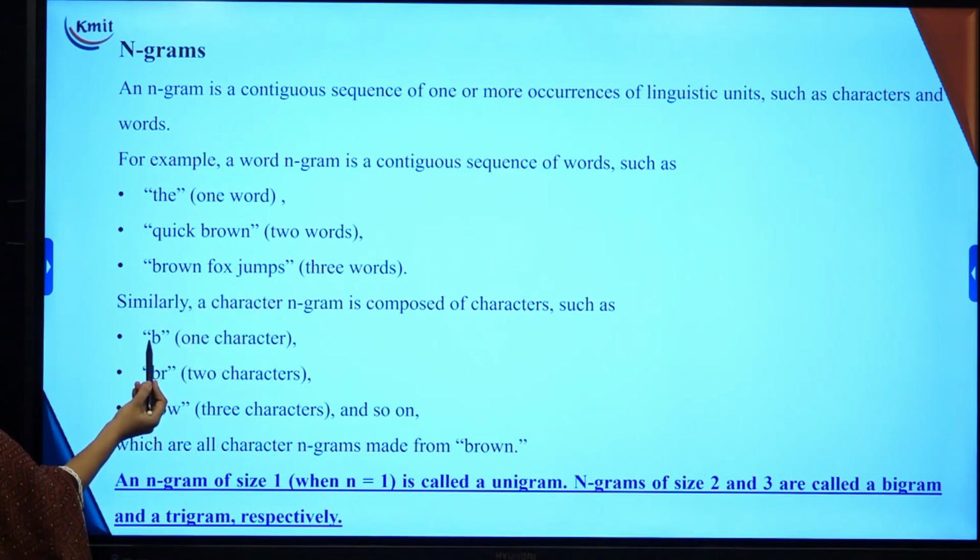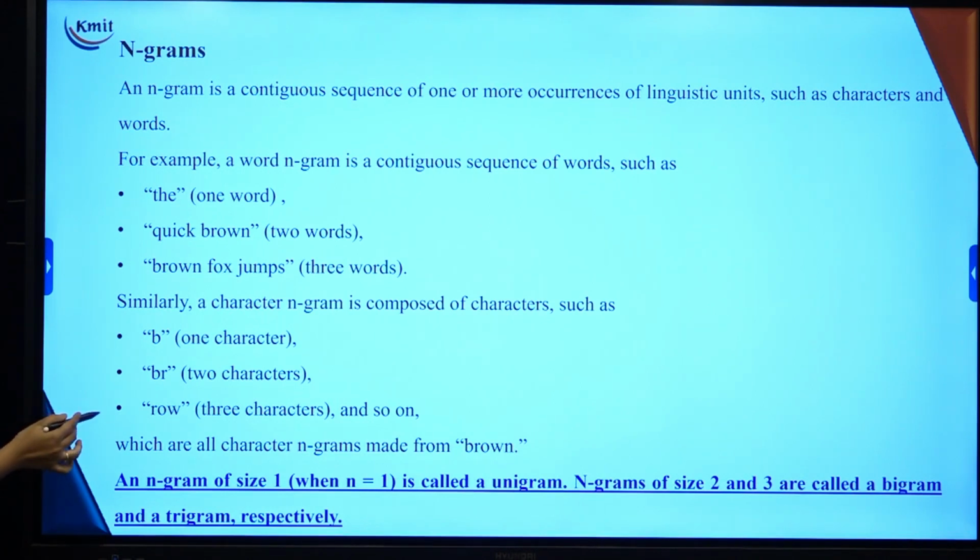All n-grams of size 1, n equal to 1, are called unigrams. If n is equal to 2 or 3, we call them bigrams and trigrams respectively. So n-grams are nothing but contiguous sequences of one or more occurrences of linguistic units.